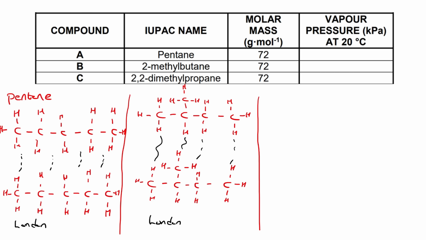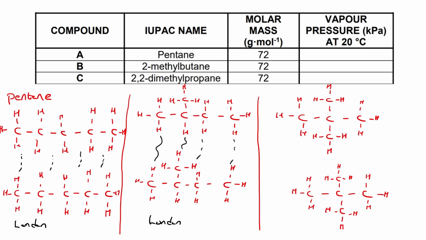And then if we draw 2,2-dimethylpropane, that would be a propane with a methyl on carbon 2 and carbon 2 again, like that. Once again, if we look at the intermolecular forces, it's going to be London forces again. So we've got London forces in all of them.